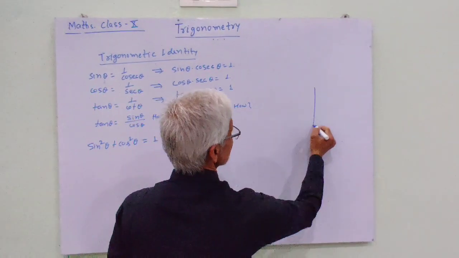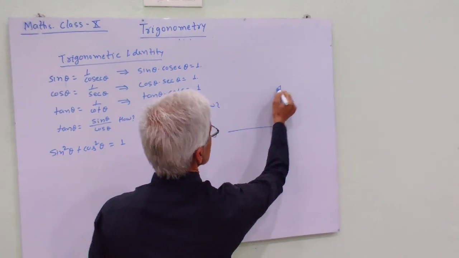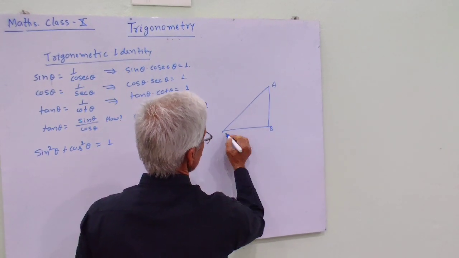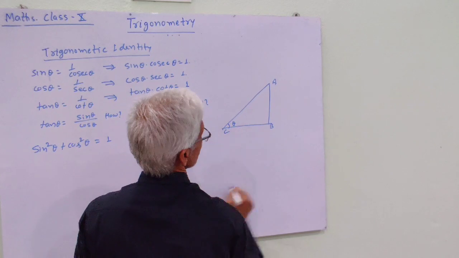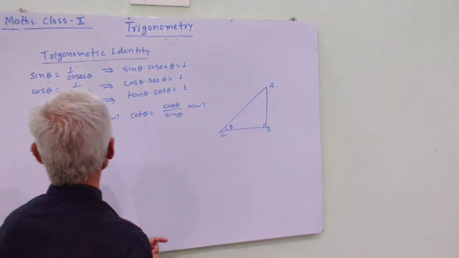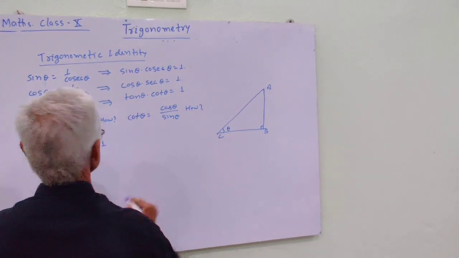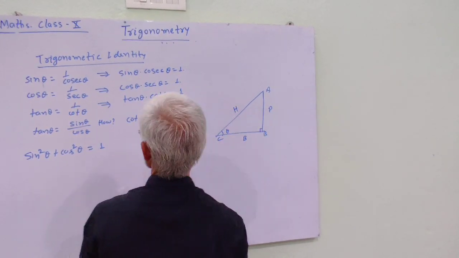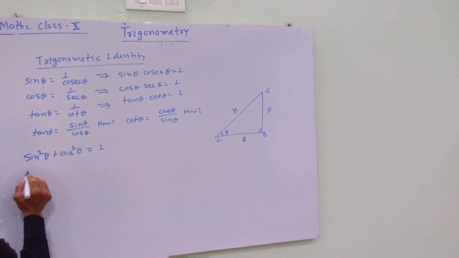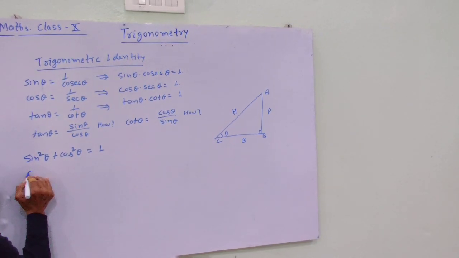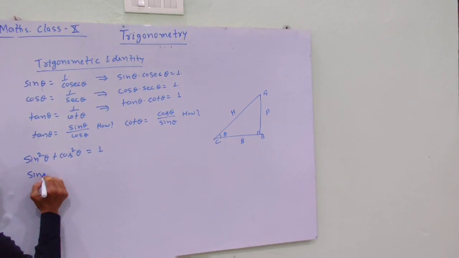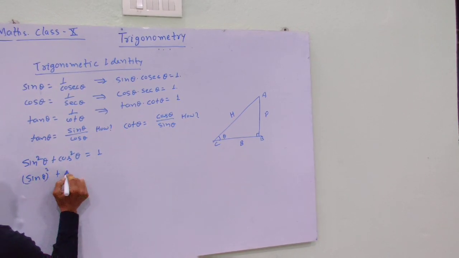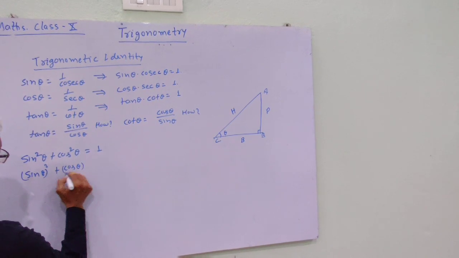So let us consider the triangle ABC, with angle theta, and it is right angled. Let us call the sides P, B and H. Let us see here: sin theta square plus cos theta square.